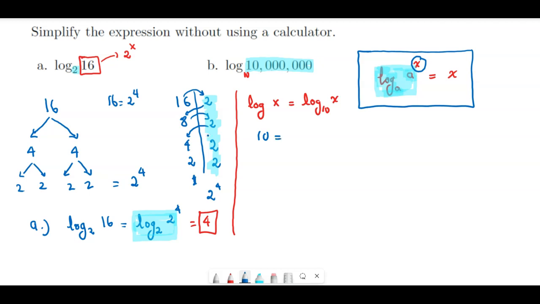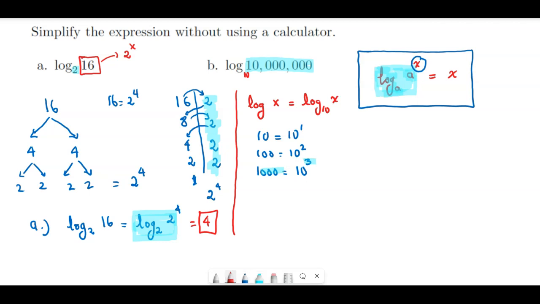All right, so this is pretty easy once you know this fact. If I have a 10, this is 10 to the 1. If I have 100, it can be 10 squared. All right, if I had 1,000, that's going to be 10 cubed. So once you know that, the rest is easy. What you notice here is that the number of zeros in here is reflected in this exponent.